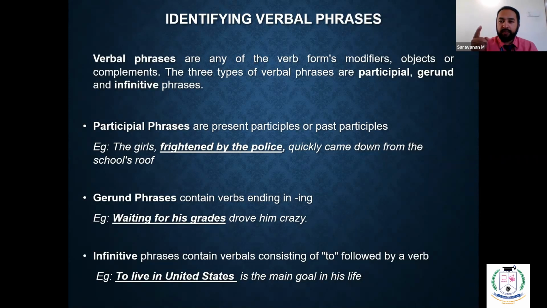To buy a 3 BHK villa is the main goal in my life. See here, to buy, to secure, to live. When you use the word to followed by a verb, that is called an infinitive phrase.